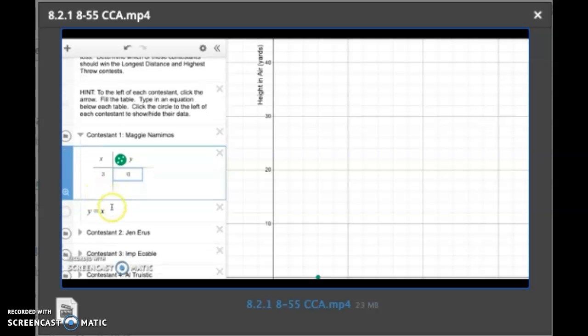And then the other piece, they do give us her equation, so I'm going to use that to graph this parabola quickly. If I didn't have this computer, if I was doing it by hand, I could take different x values and plug them into the equation, substitute different x values in for x, and then get a bunch of points to plot. So I'm going to go ahead and put her equation in.